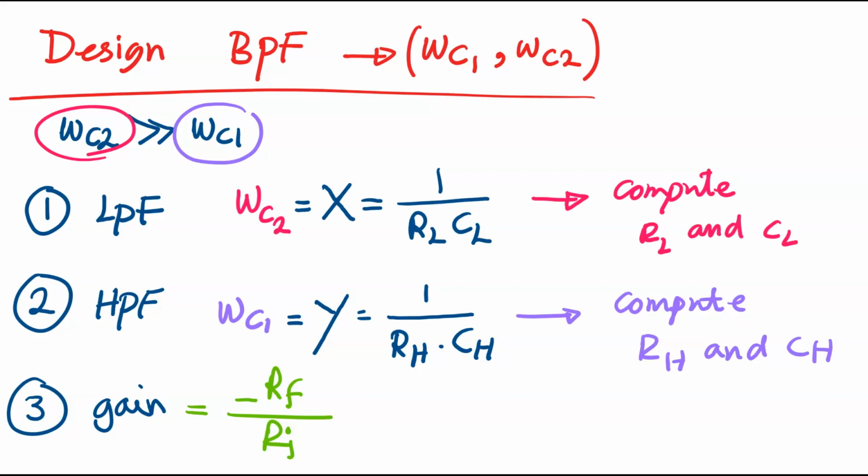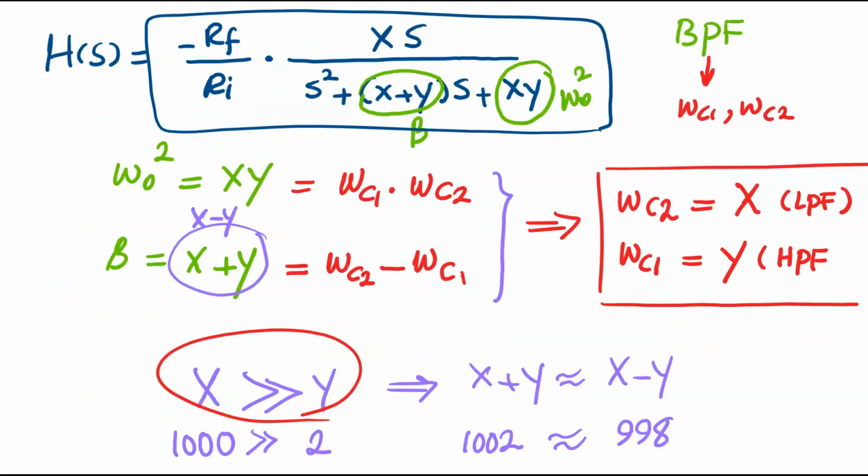Now you might ask why I'm assuming that the gain is equal to the gain of the inverting amplifier. I can refer you to the equation that we have here. The gain is equal to what we have in the numerator for the standard form of the bandpass filter transfer function, which is basically K.